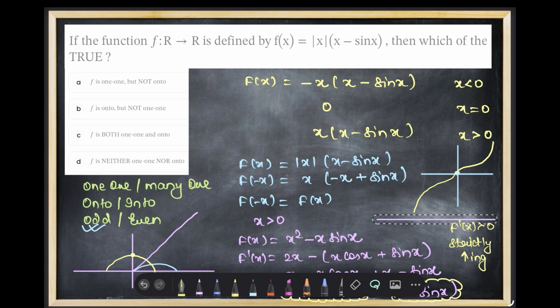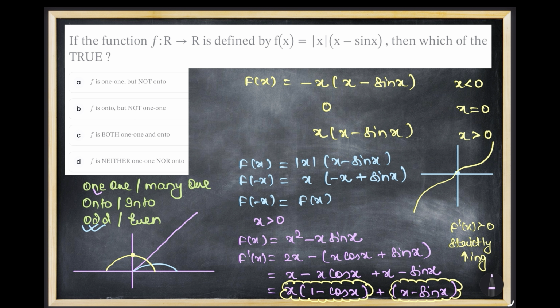So the given function is 1-1. Now as the given function is strictly increasing, put x equals infinity. So infinity into infinity minus 1, infinity minus 1 is infinity, so infinity into infinity is infinity, so it will stop at infinity.